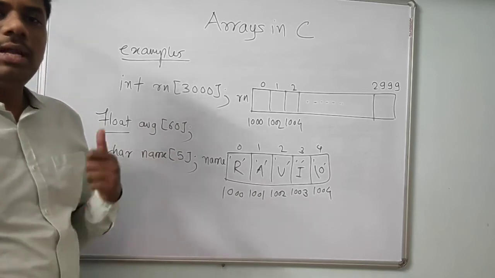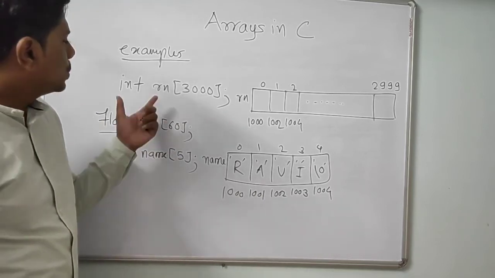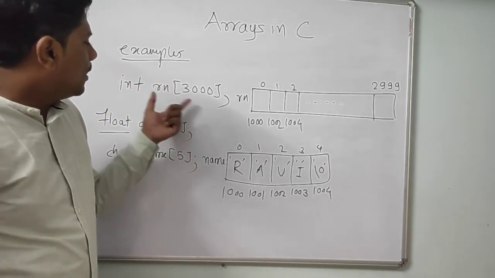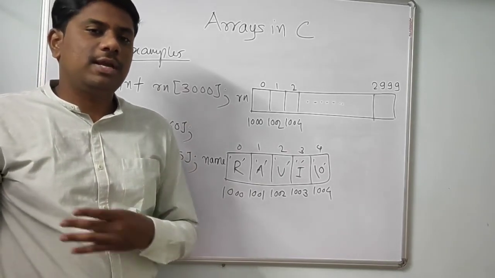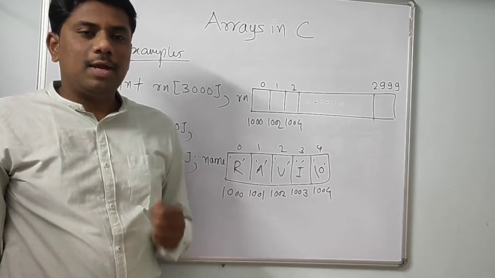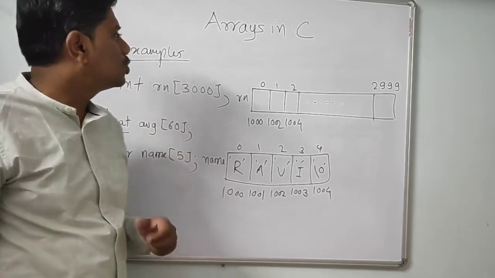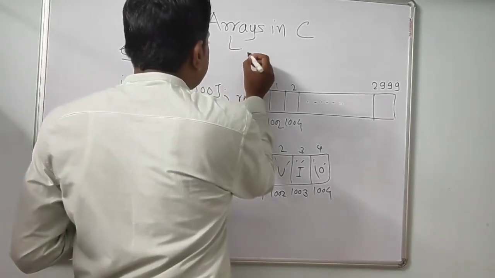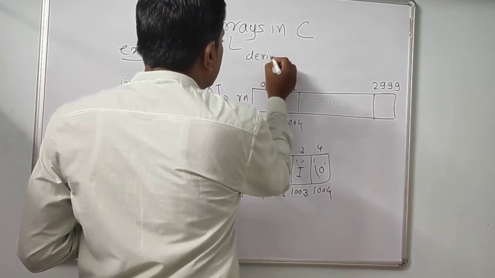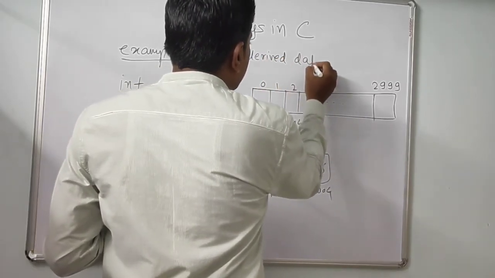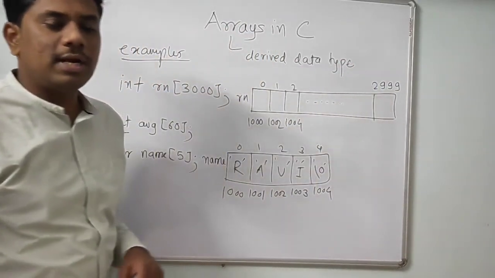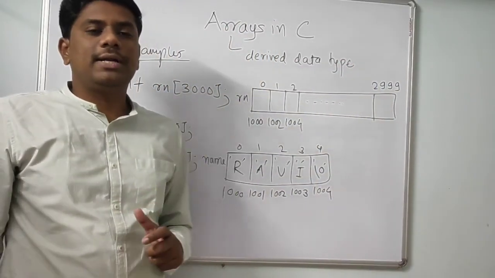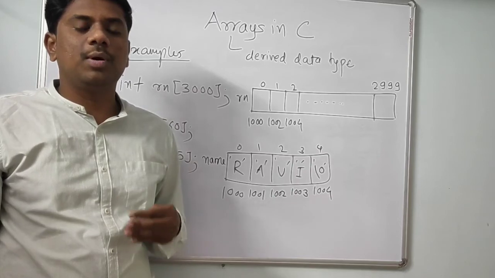In the same way, a double array is also possible. So we can have an array of integer, float, character, and double. Because of this facility, array is also called a derived data type. You know that primitive data types are int, float, char, double, void.